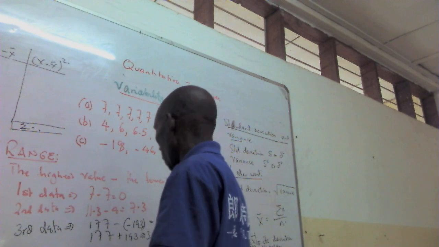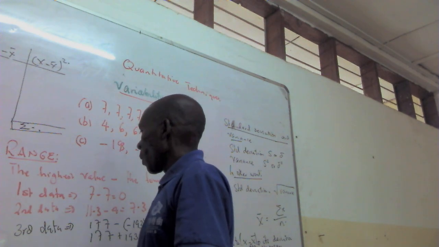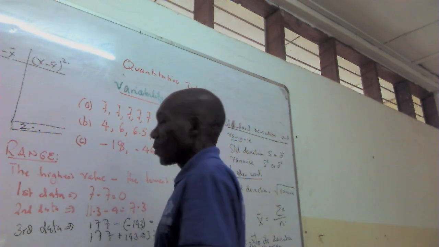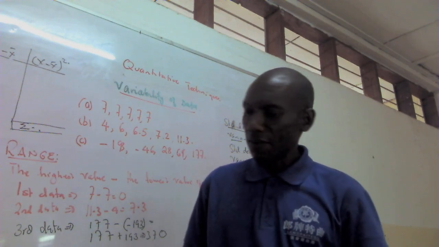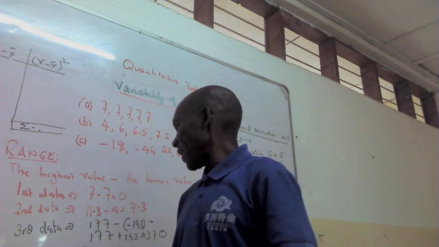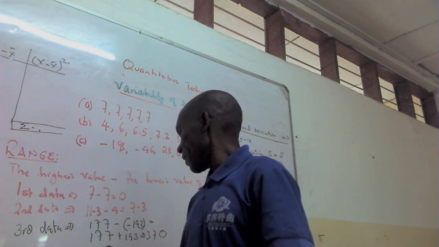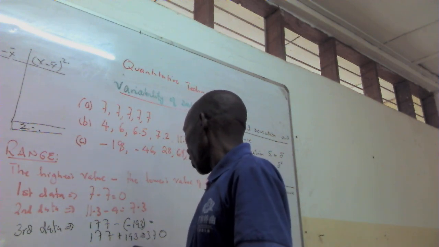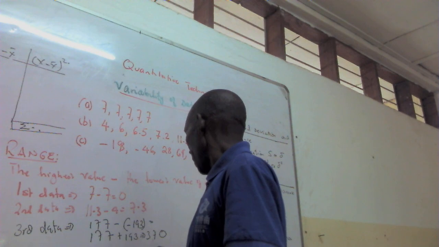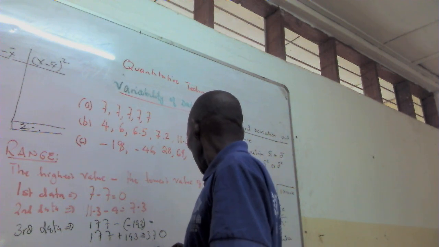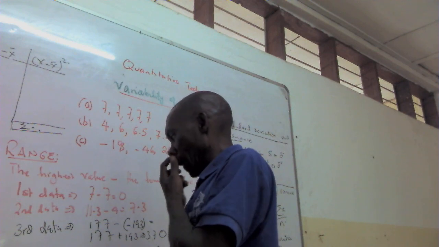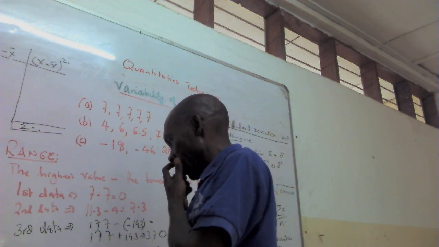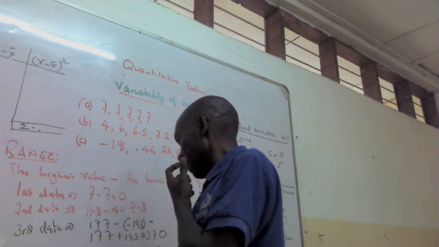Tip number 4, you need to find the average by dividing the sum of x minus x bar squared by n.